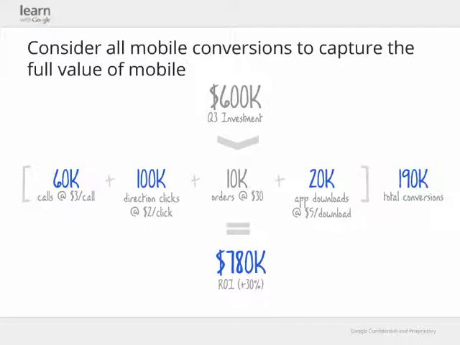They factored these values into the mobile ROI calculation: 60K calls at about $4 a call, 20,000 app downloads at around $5 a download, and 40,000 direction clicks at around $2 a click.